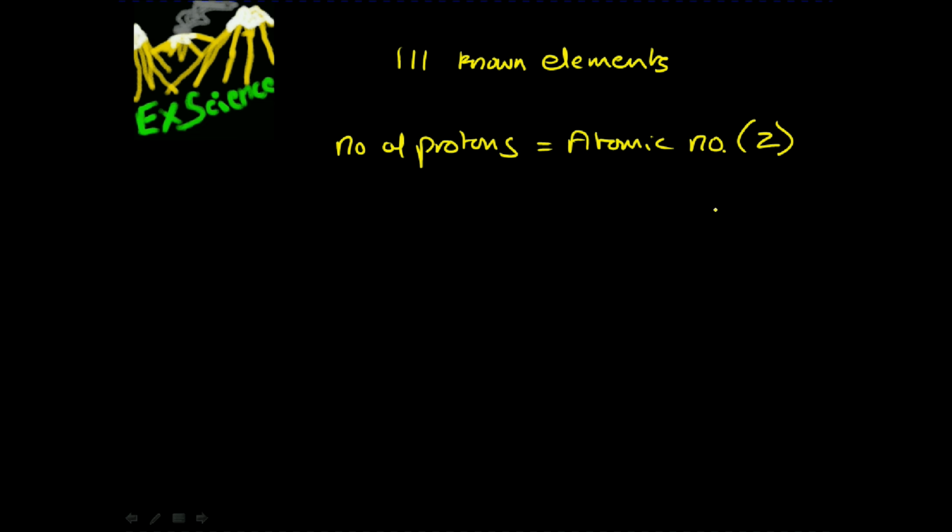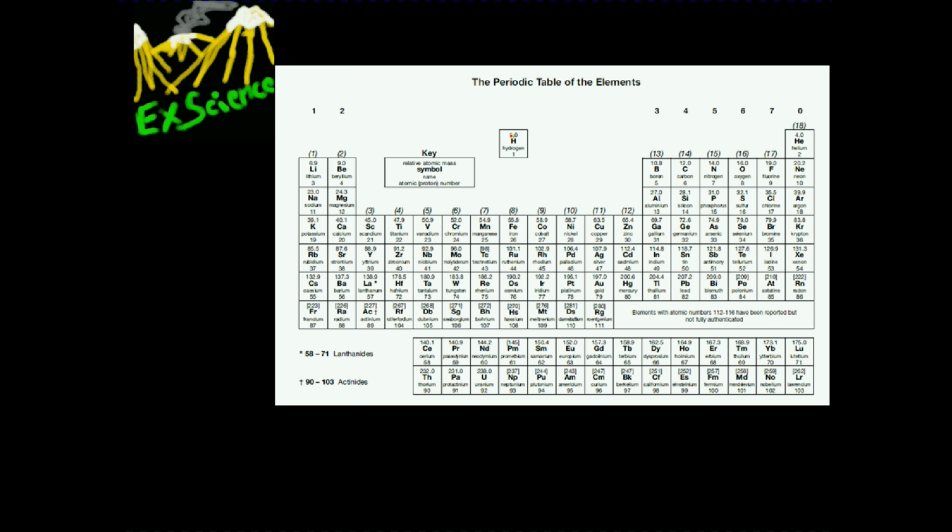Different elements have different numbers of protons. They are listed in the periodic table and ranked in order of increasing atomic number. So this is number 1. This is number 2.